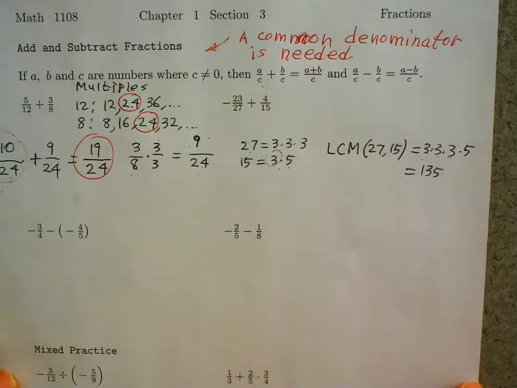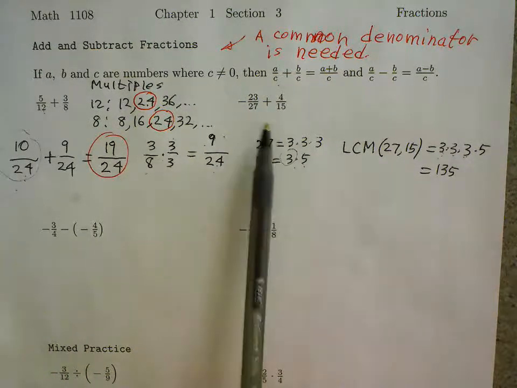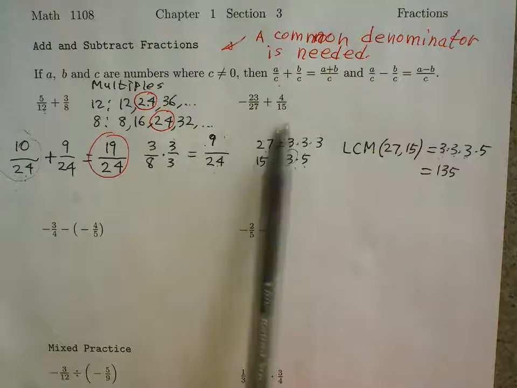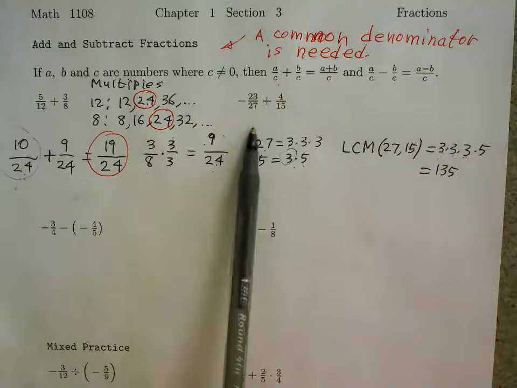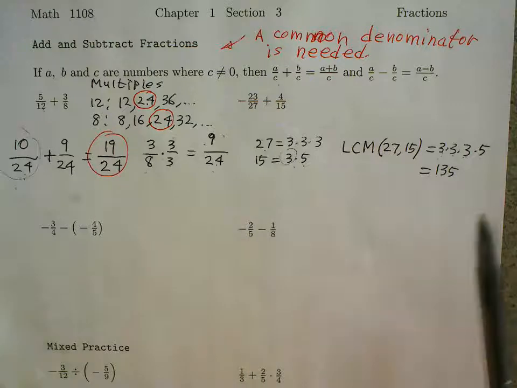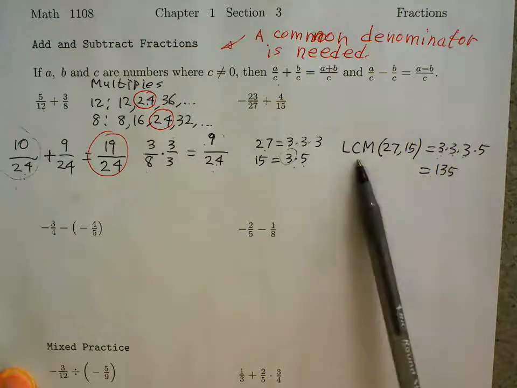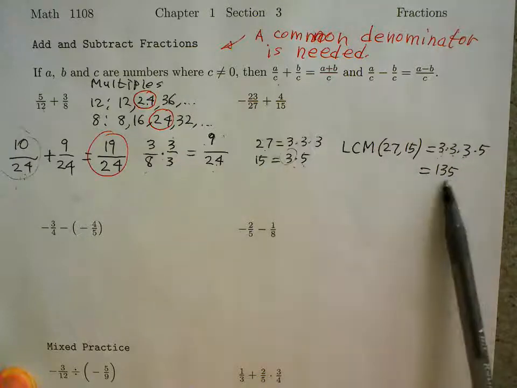Yesterday we were looking at this sum of two fractions, negative 23 over 27 plus 4 over 15. And we found that the least common denominator, or the least common multiple of the denominators, is 135.